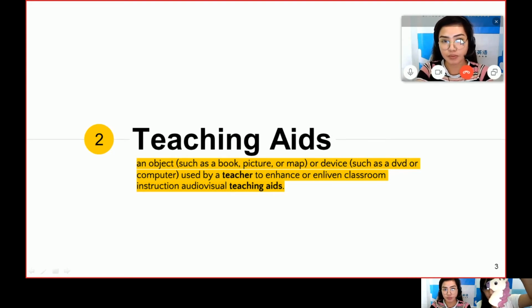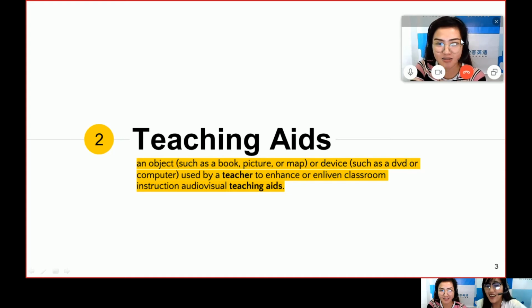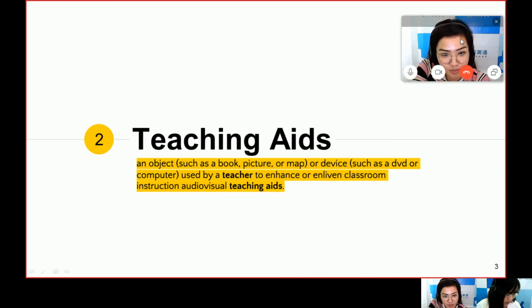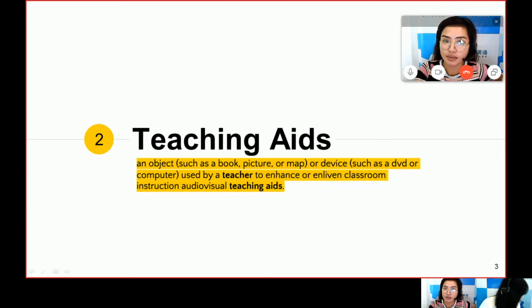This is the realia. When you just show, this is the horse. Realia, pictures, emojis.